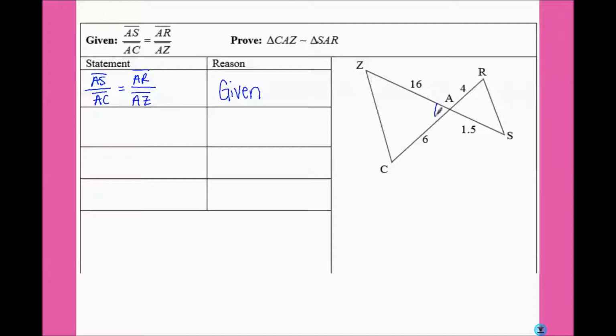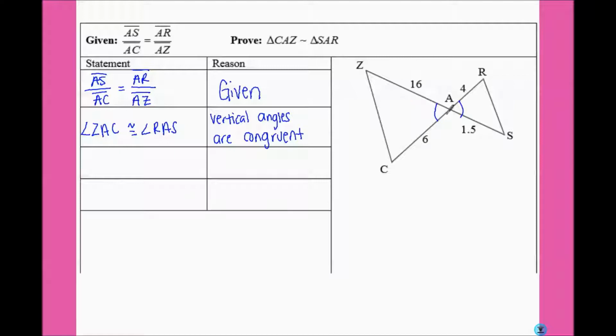So we must know something about this angle and this angle. Well, why would we know that those are congruent? Those are vertical angles. So now we can say that angle ZAC is congruent to angle RAS because vertical angles are congruent.